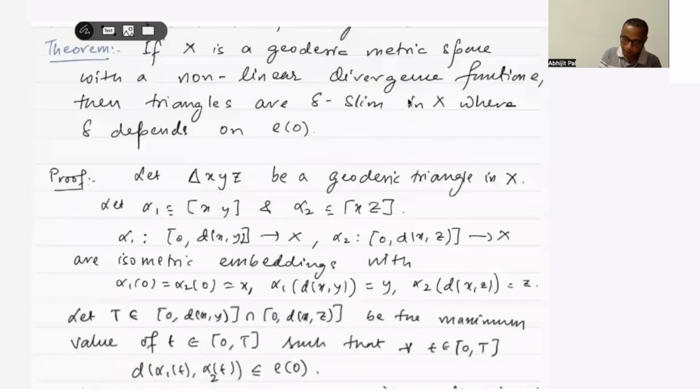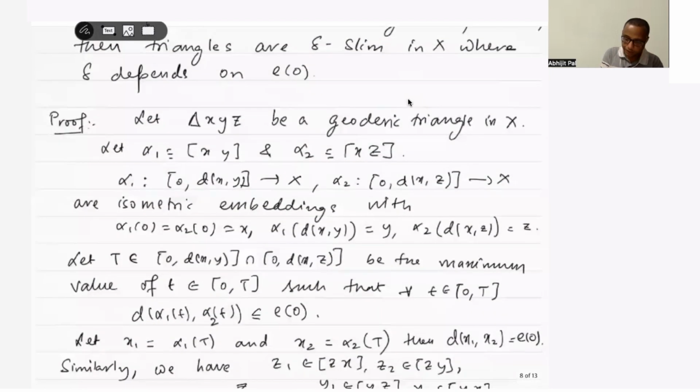So let us begin with a triangle XYZ. This is a geodesic triangle in X. Let us take the geodesic XY to be alpha 1 and alpha 2 to be the geodesic XZ.